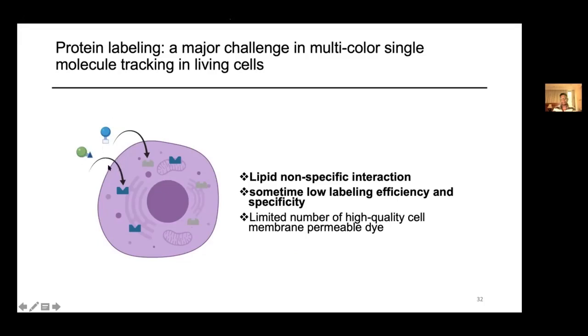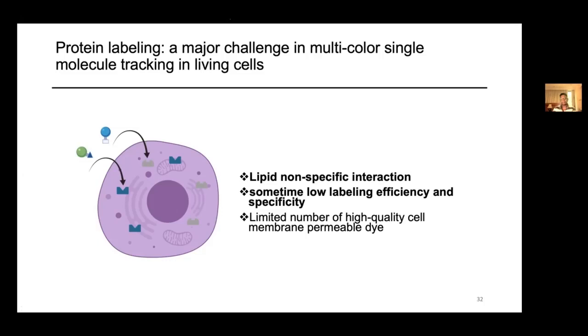That means if we label multiple dyes in a cell, we will have a lot of background noise on the cell membrane. The other is that there is sometimes low labeling efficiency and specificity, which means that if we label multiple proteins, we may introduce mislabeling. And the third is that there are really not a lot of commercially available high quality cell membrane permeable dyes that we can use.